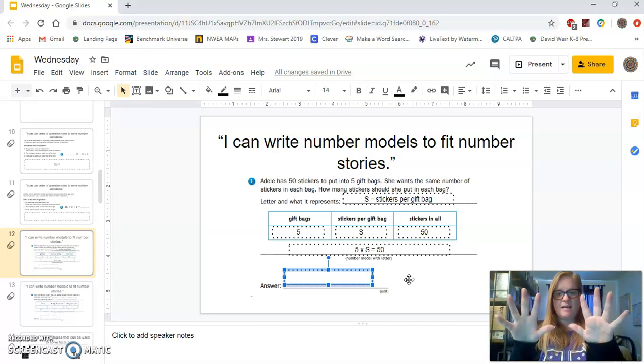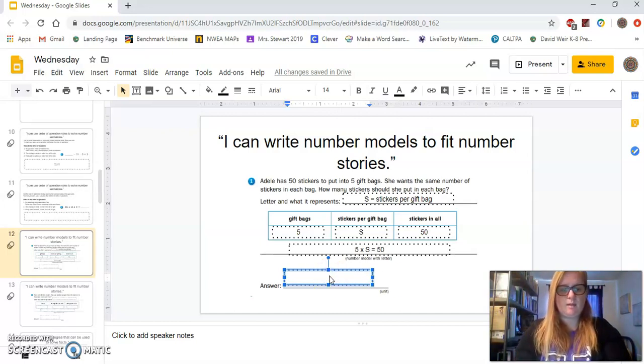So that is how many groups of 5 I need in order to get to 50. So my answer would be 10. And I'm not done because it wants the unit. And what does this mean is the stickers per gift bag. So 10 stickers per gift bag would be my full answer.